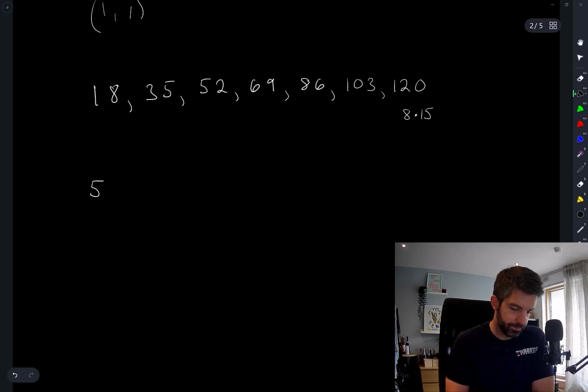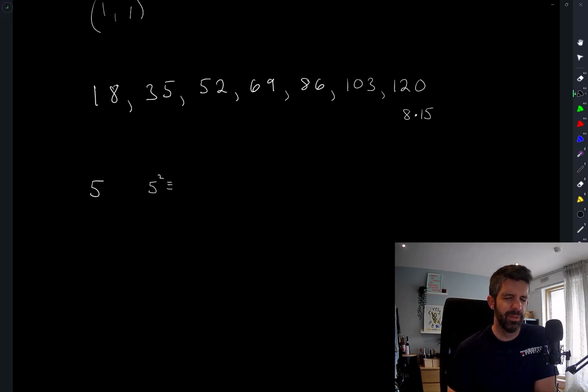So 5 squared is equivalent to 25 minus 17, which is 8. 5 cubed is equivalent to 40. 40 is equivalent to 6 mod 17.